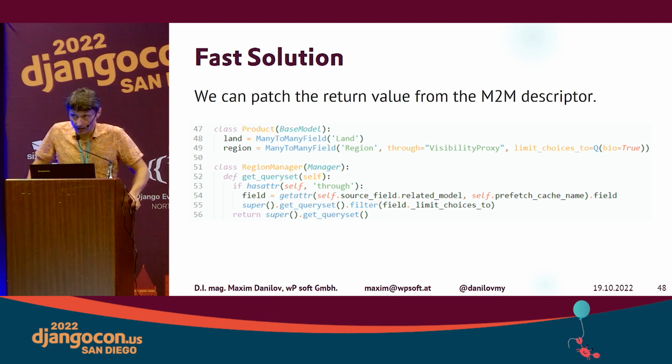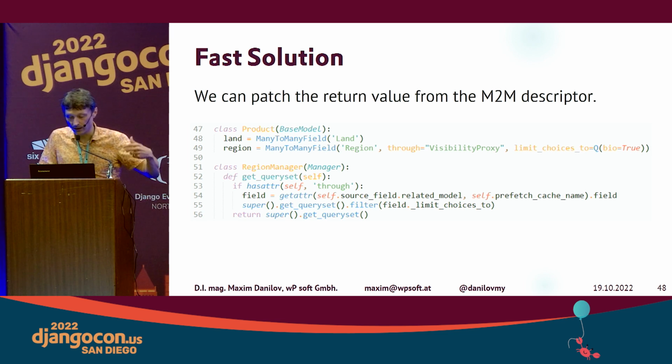It means we can override the data manager from the many-to-many model, and on getQuerySet we can check if this manager calls from the many-to-many descriptor. We can achieve the field.